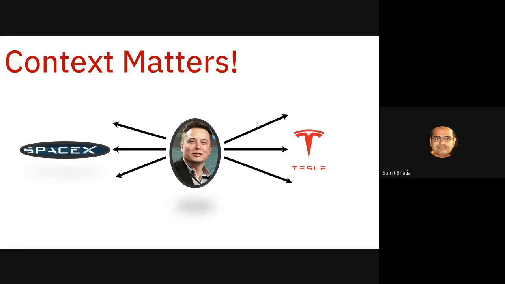So what this context is doing is, if I say, tell me about Elon Musk in context of SpaceX or Tesla, essentially the context is saying that instead of searching or exploring or evaluating all the thousands of facts related to Elon Musk, focus your attention only on a small subgraph, only on a small subset of all the information you have about Elon Musk.